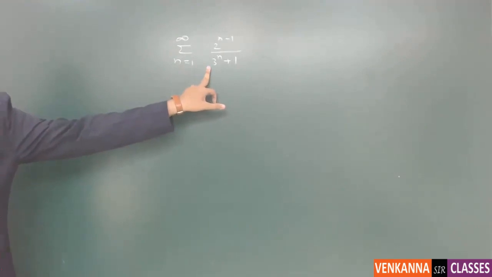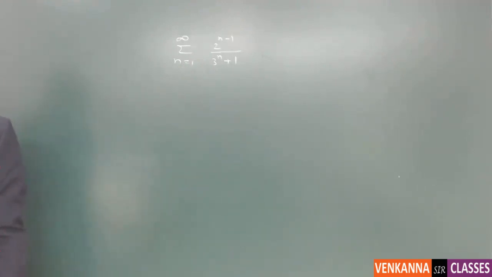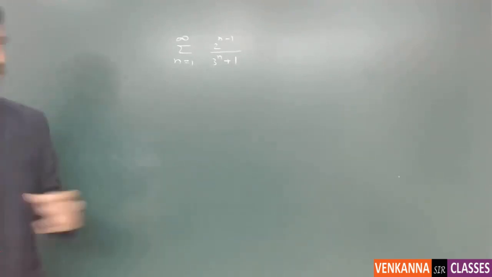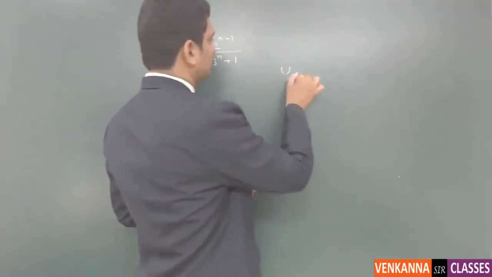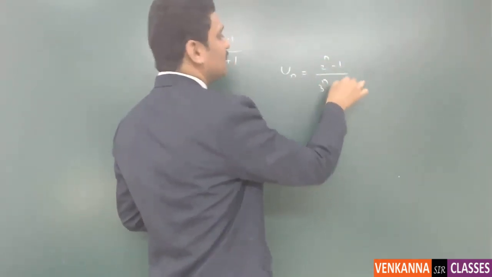Now tell me which test we are going to apply here as per the knowledge considered to you. Are you getting that? So if I have written un as 2 power n minus 1 by 3 power n plus 1.